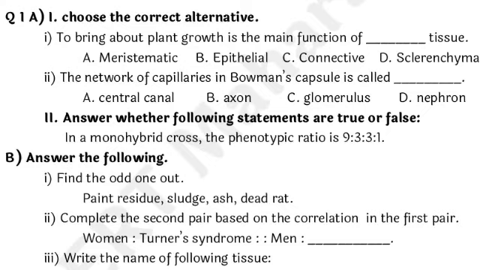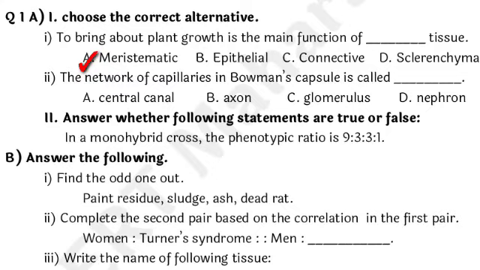Question 1a. Choose the correct alternative. First, to bring about plant growth is the main function of dash dash tissue. Options are A. Meristematic, B. Epithelial, C. Connective, and D. Sclerenchyma. So the correct answer is meristematic tissue.